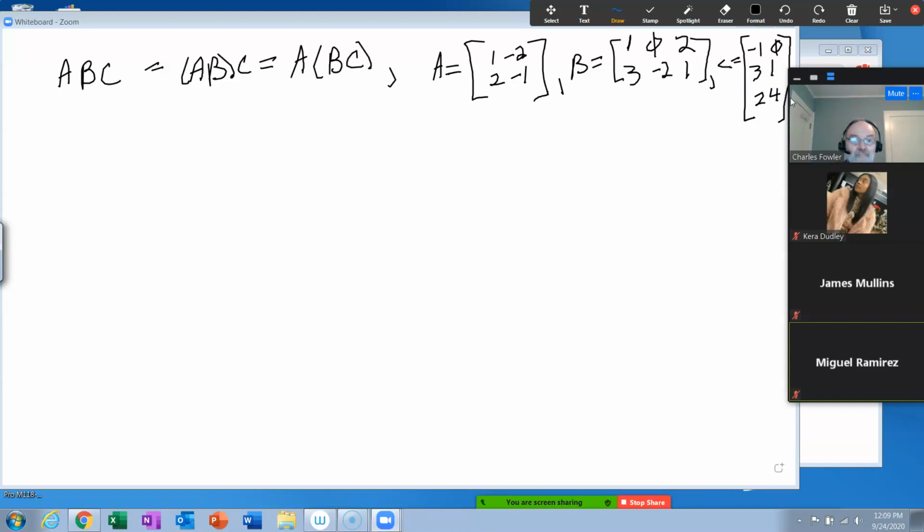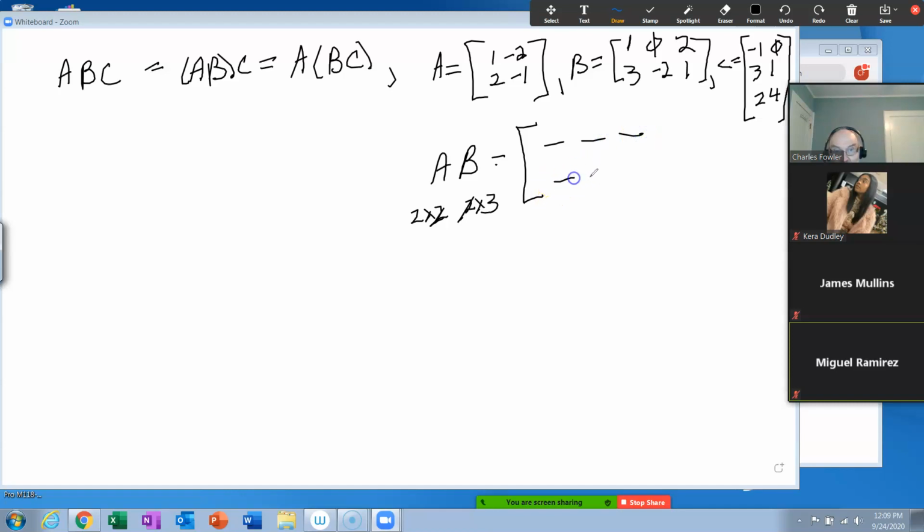All right. Now, first thing you have to ask yourself, can you multiply these two together? Can you multiply AB? A is a 2 by 2. B is a 2 by 3. Yes, you can. That will give you a 2 by 3 matrix. So when you multiply those two together, you'll get a matrix that's 2 rows, 3 columns.